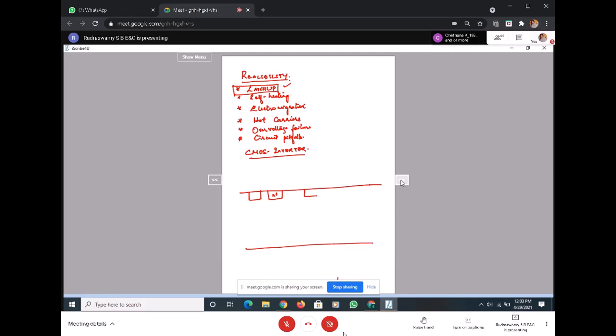We have an oxide, then this is my gate, this is my source, and this is my drain. This is a P plus, the fourth terminal, the body terminal of my NMOS, and the source of the NMOS is grounded.